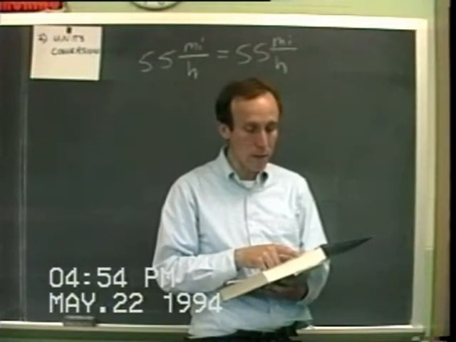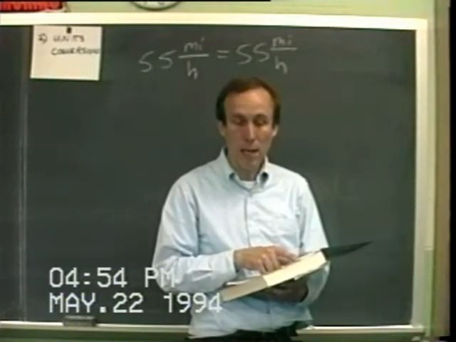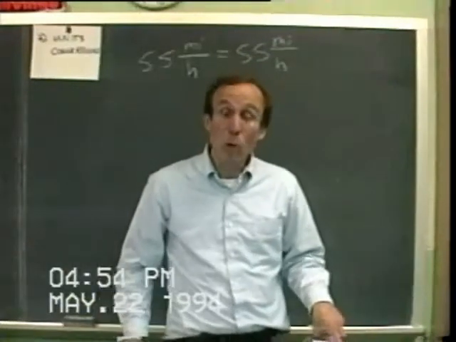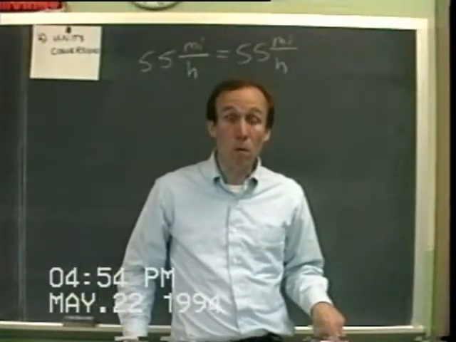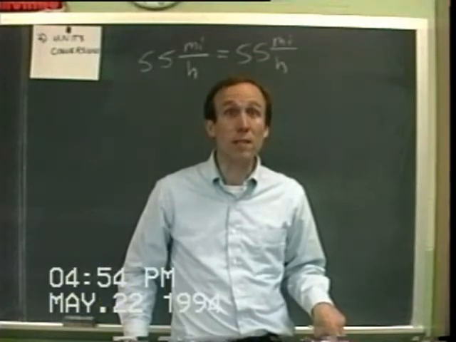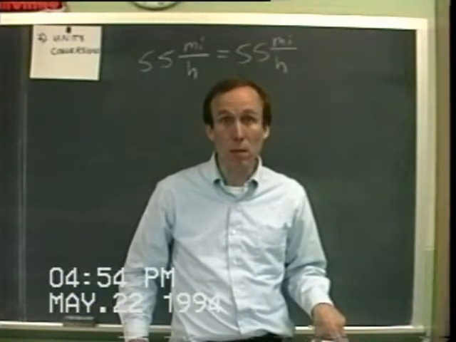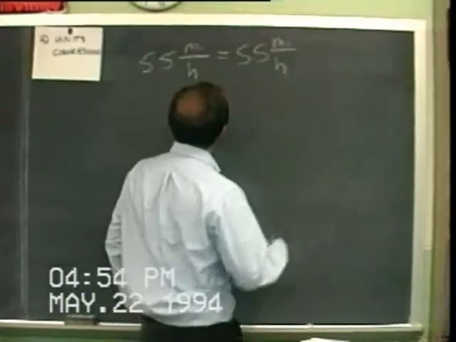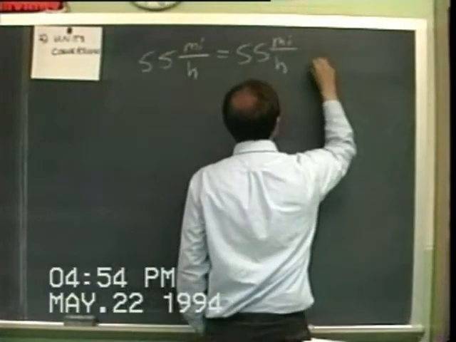1 mile then is 1.61 kilometers, which means 1.61 times 10 to the third meters, or 1,610 meters. So 1 mile. Okay, I choose my 1.